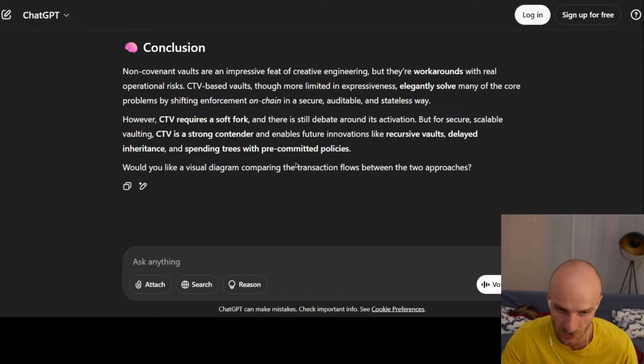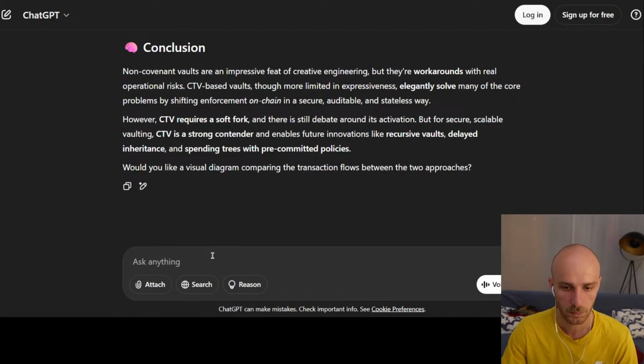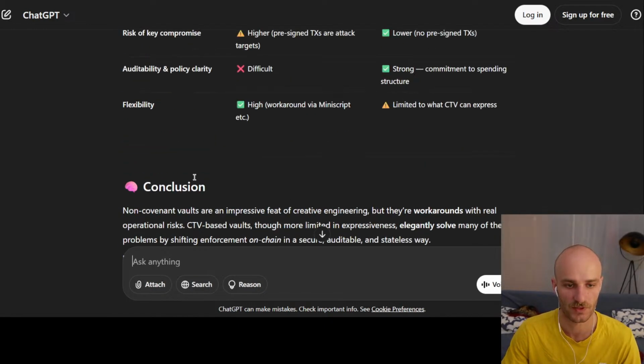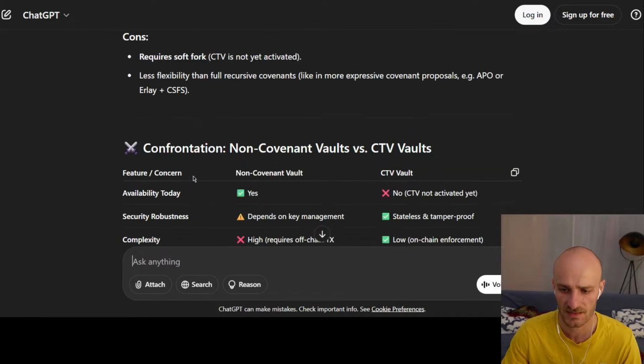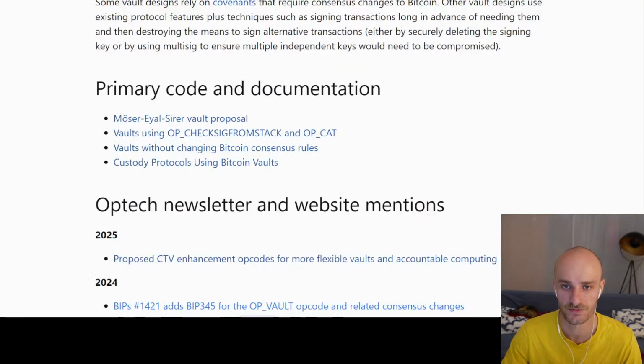But for secure, scalable vaulting, CTV is a strong contender and enables future innovations like recursive vaults, delayed inheritance, and spanning trees with pre-committed policies. So, okay, it's clear to me, the key difference.